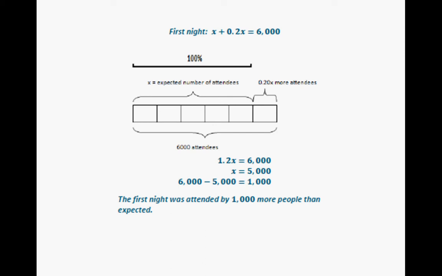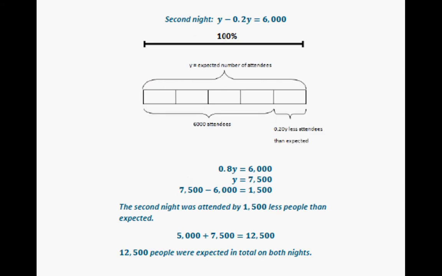And 6,000 minus 5,000 is 1,000. So the first night was attended by 1,000 people more than expected. So the second night is Y minus 20% times Y is equal to 6,000.